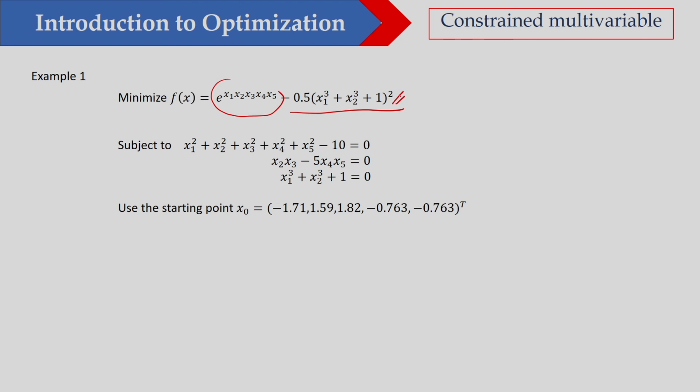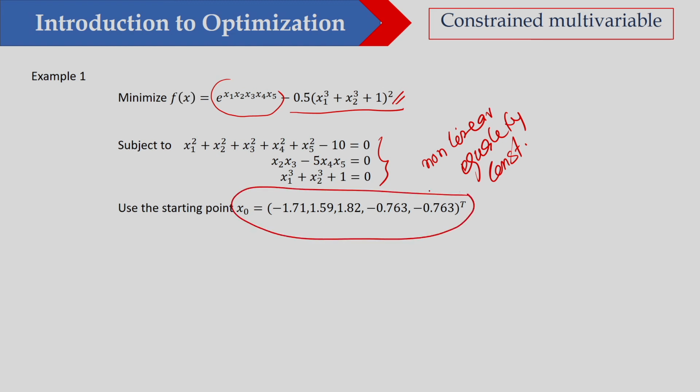So, this is the objective function, and we have 3 non-linear equality constraints, and the starting point has been defined. So, let us see how I can solve this particular problem using the fmincon function.